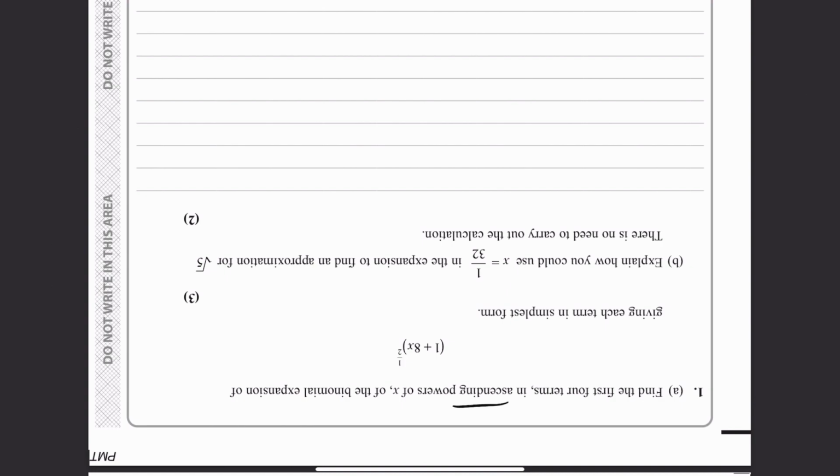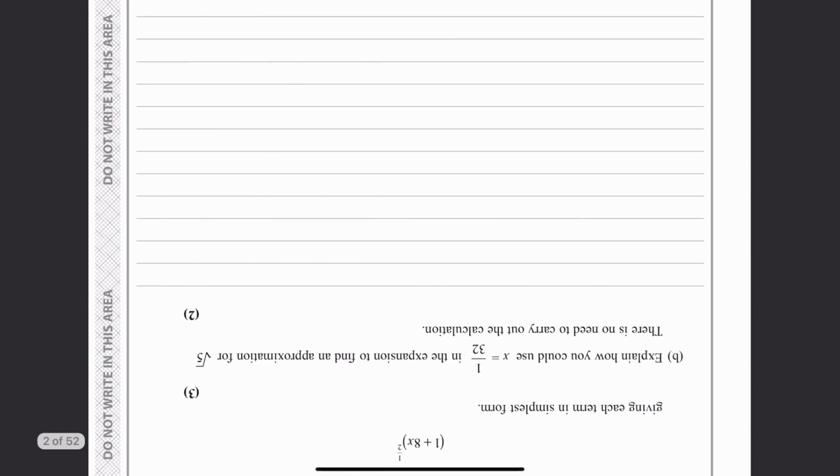So we got an A, S, C, E, N, D. Hang on, is that a D? Yeah. Alright, that's gotta be ascending. So the first 4 terms in an ascending power of x of the binomial expansion of this. Okay, I get it. So we want the first 4 terms of this.